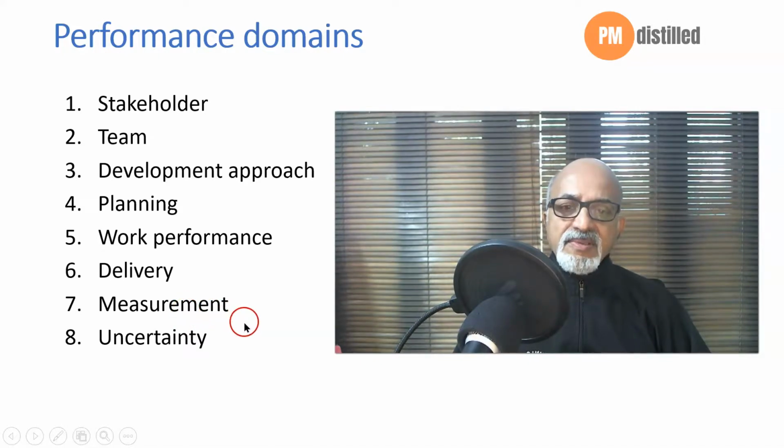And as all of us know, as the project progresses, there can definitely be patches of uncertainties, and how are we going to deal with these uncertainties? Most of the uncertainties are related to unknown risks. So when these unknown risks happen, how are we going to deal with it?